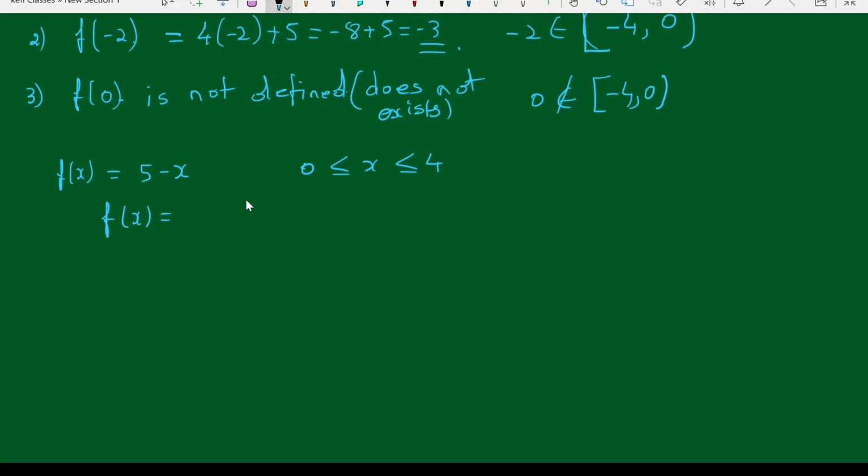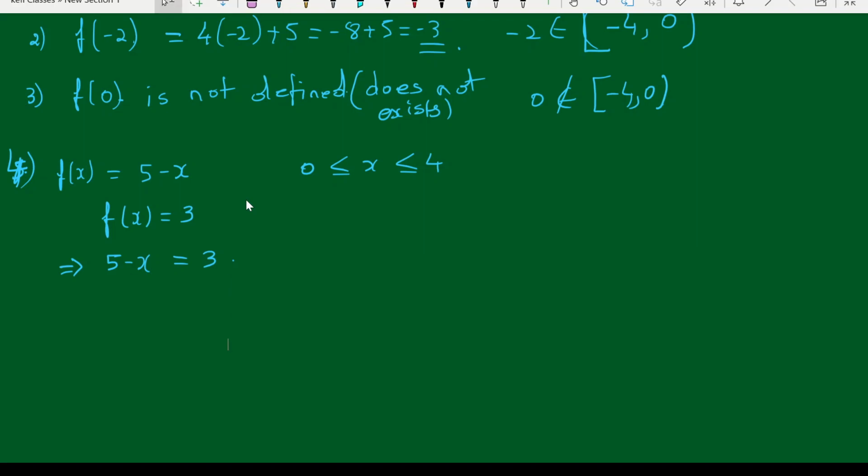That means this implies 5 minus x is equal to 3. What is the value of f of x?